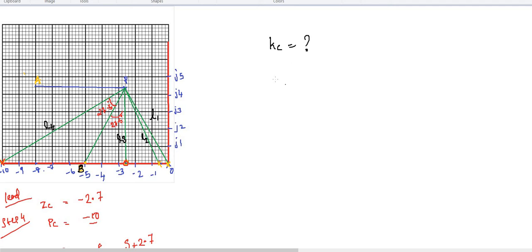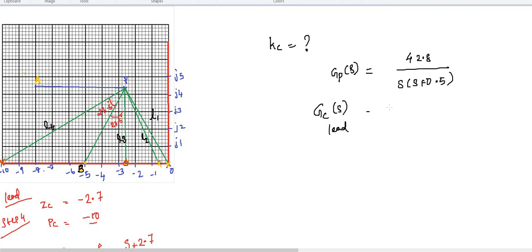We already have the open loop plant GP of S, and by using the product of vector lengths, we got the open loop gain of the given system as 42.8 divided by S into S plus 0.5, and we have the GC of S, that is the lead compensator, equal to Kc into S plus 2.7 divided by S plus 10.